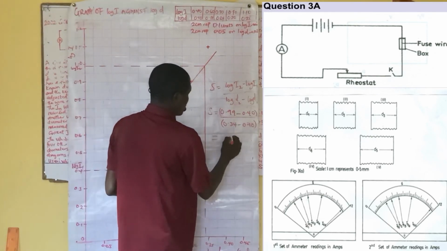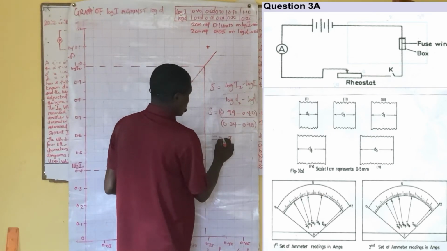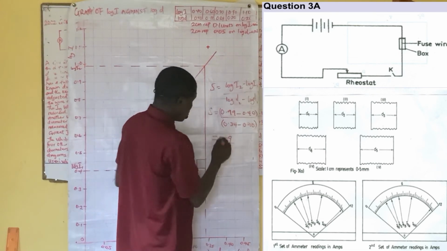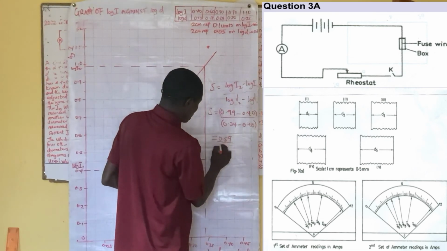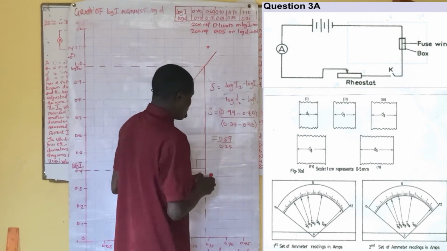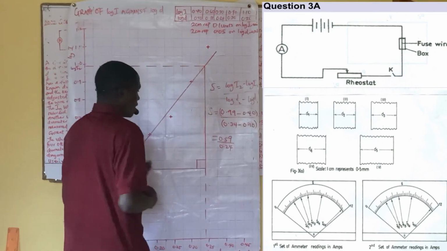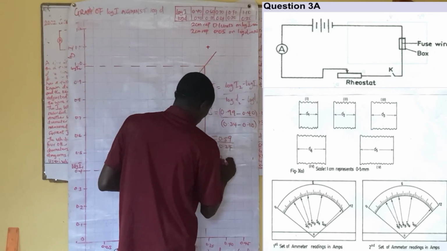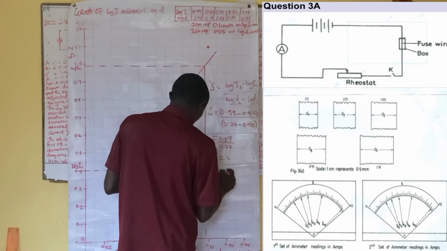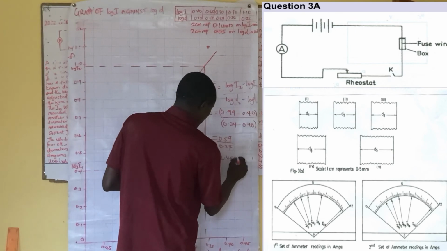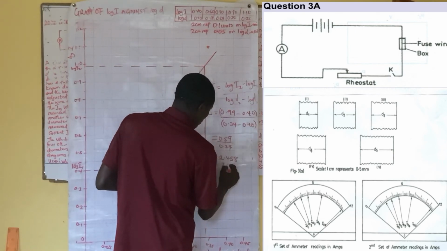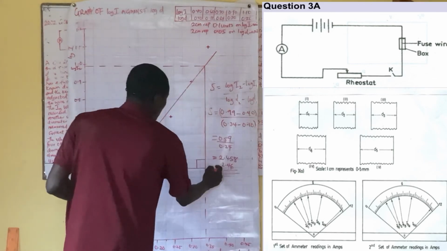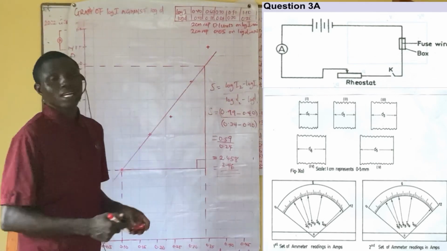We have 0.59 divided by 0.24. When you divide together, what do we have? We have our slope to be 2.458, so 2.46, no units. Don't forget that this has no unit. So that's that about that.